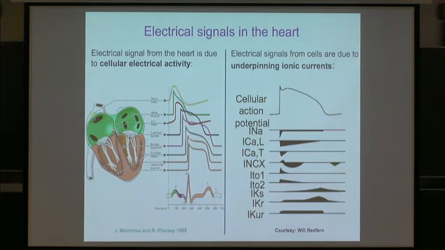On the right-hand side, here's the action potential again, and these represent currents through different channel types: sodium, different types of calcium, different types of potassium, and so on. So embedded in the myocyte cells are different types of ion channels which open and close in certain ways, and are responsible for the ionic fluxes that go in and out of the cells.